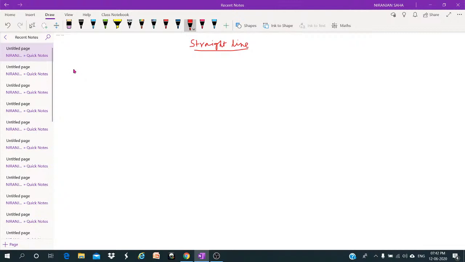Now, the fifth form of the equation of the straight line is the normal form. Let's first see what the previous ones were.